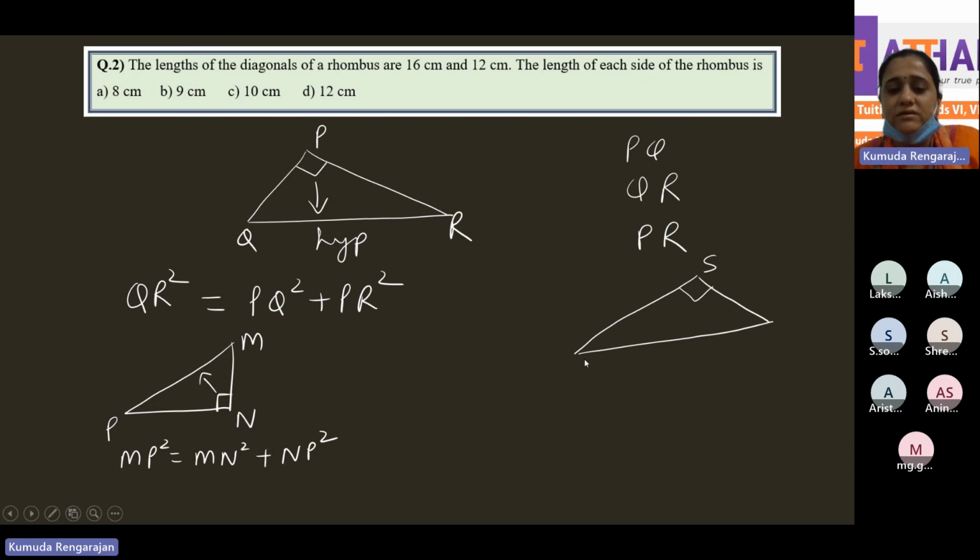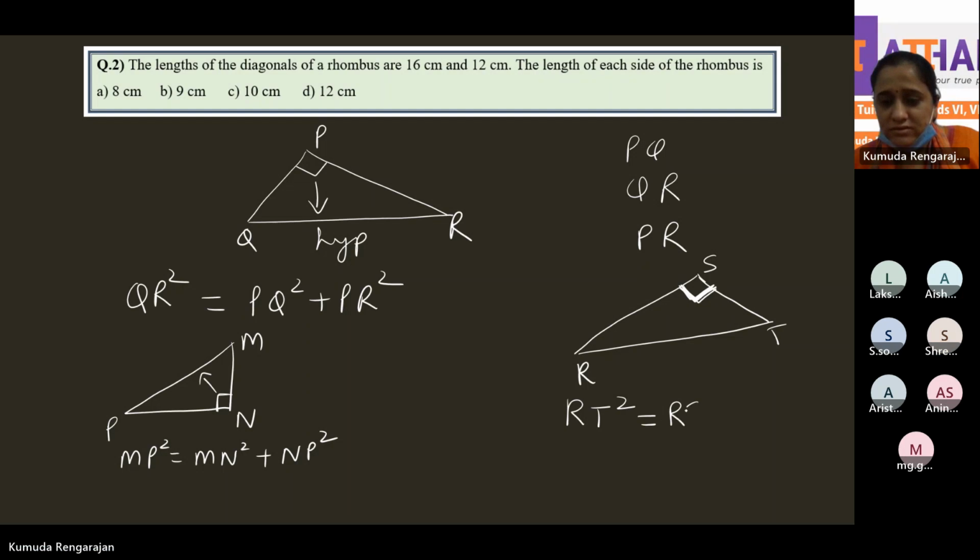So SRT is a right triangle. It's marked here. In the triangle RST, one angle is a right angle, so it's a right triangle. Which is the hypotenuse? RT is the hypotenuse. The square on the hypotenuse is equal to ST square plus RS square.